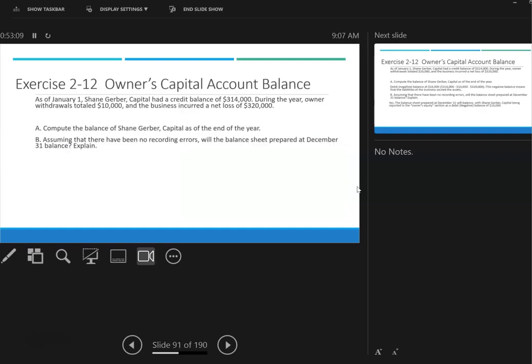Okay. Here's another one. As of January 1st, Shane Gerber Capital had a credit balance in his account of $314,000. During the year, owner withdrawals totaled $10,000, and the business incurred a net loss of $320,000.